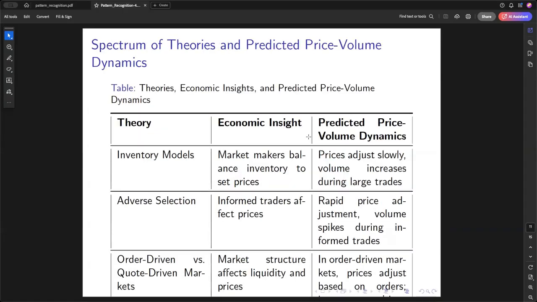Then I use large language models to understand these visual features. First, I let the large language models have a very large knowledge base. They can have the knowledge of market microstructure, asset pricing theories, and evidence.